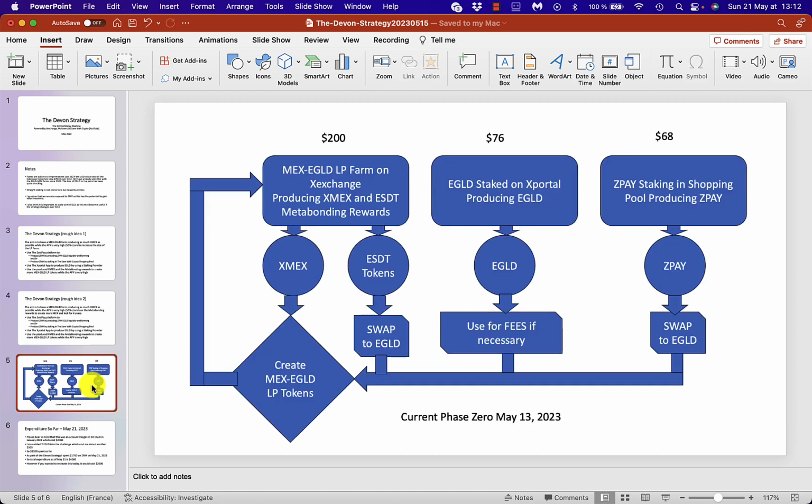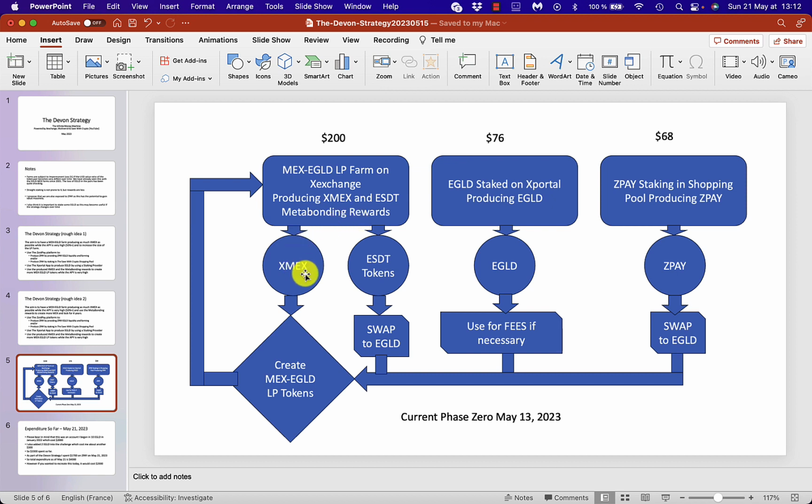So how am I going to proportion the money? Well, I think the majority of the money needs to be in the ZoidPay staking for now, so that I've got liquid assets that I can use to create LP tokens, because this is never going to earn quite as much as what the XMEX is coming out of this farm, while the interest is really quite high.